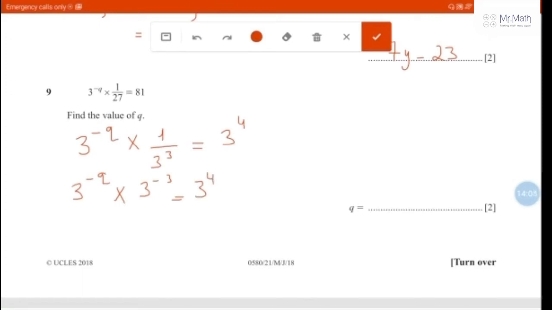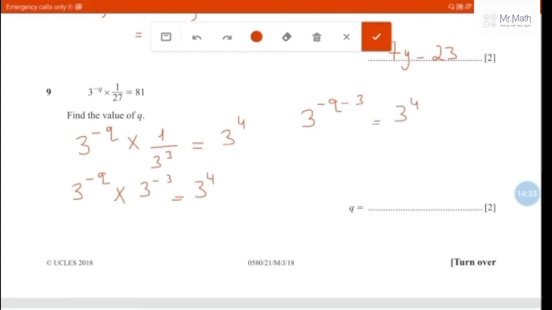So 3 to the power of negative q times 3 to the power of negative 3 equals 3 to the power of 4. Since the operation here is multiplication, I can add the powers. So 3 to the power of negative q plus negative 3 is equal to 3 to the power of 4.